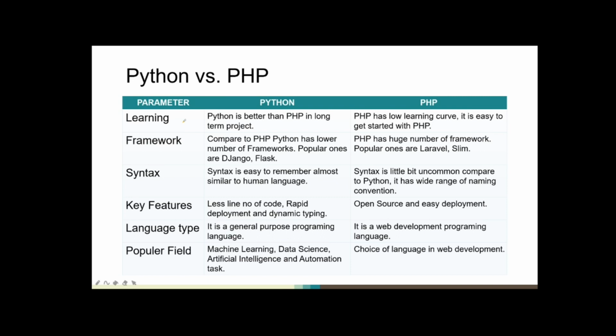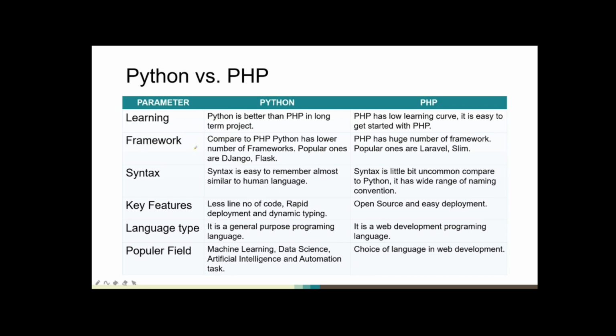And for PHP, it has a low learning curve if you are still new to web development. It is easy to get started with PHP if you really wanted to pursue web development.